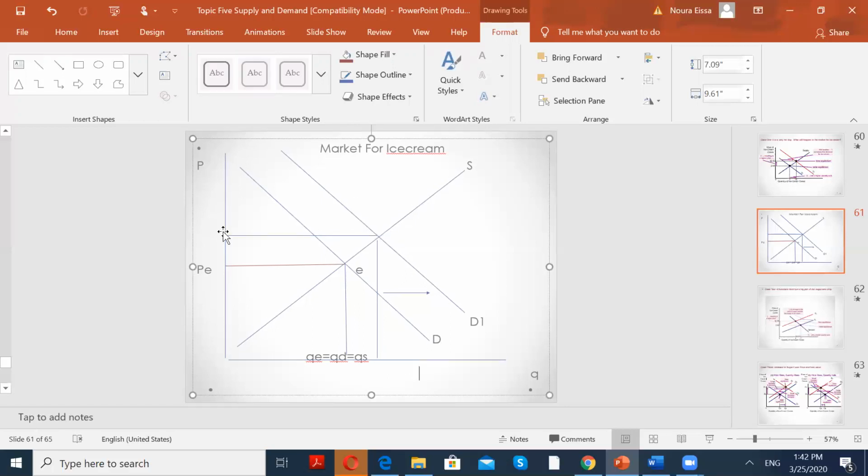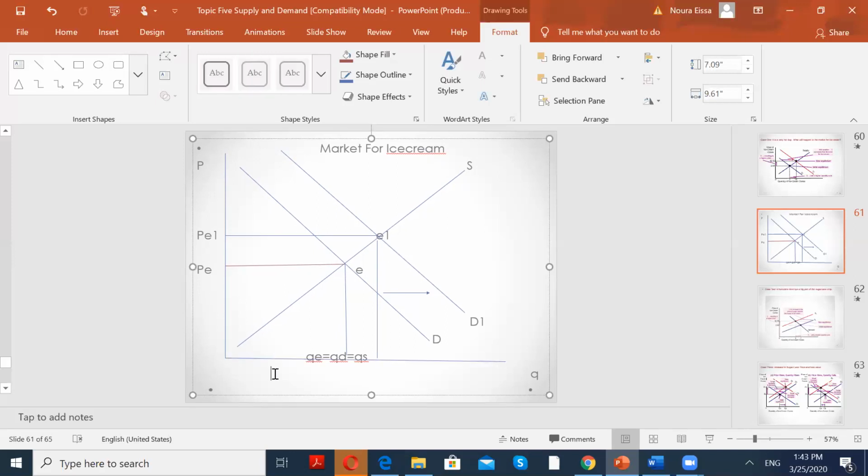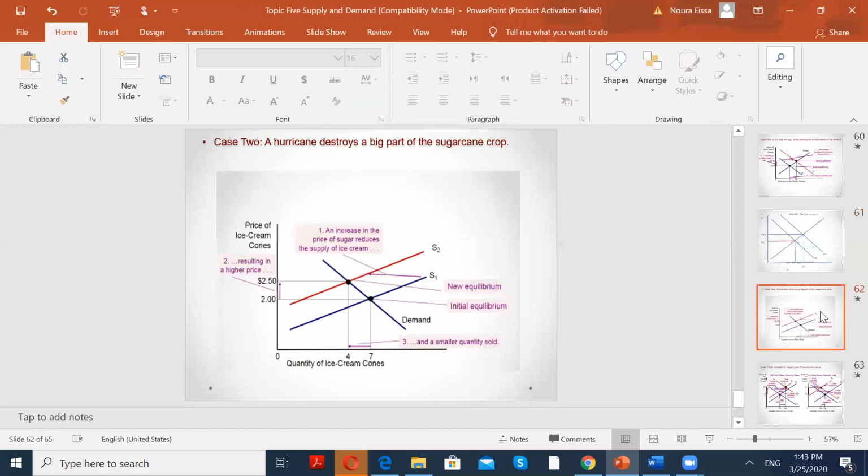So this is the new equilibrium price right here. And this is the new equilibrium, Q1. And this is the new, this is P1, the new equilibrium price. This is a complete answer. This is how you answer questions like this. It's very simple. Very simple. أهي نفس الإجابة is right here. Okay? طيب, the next question says what?